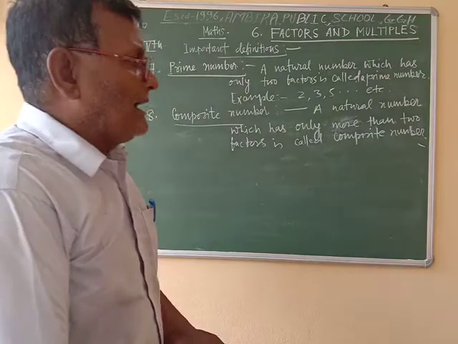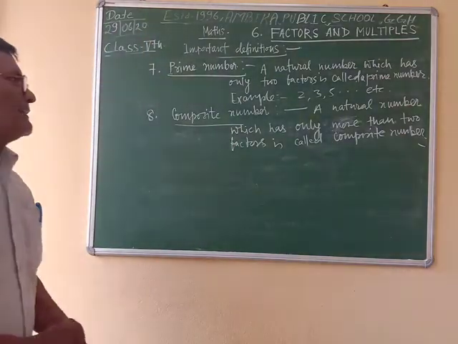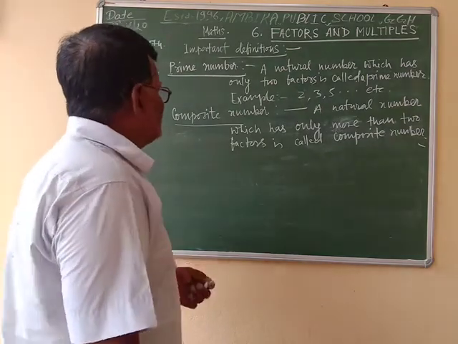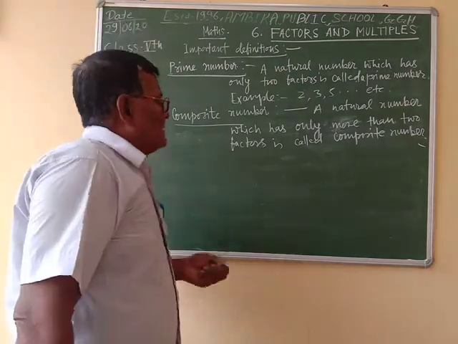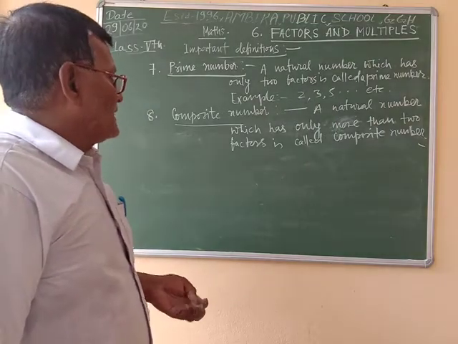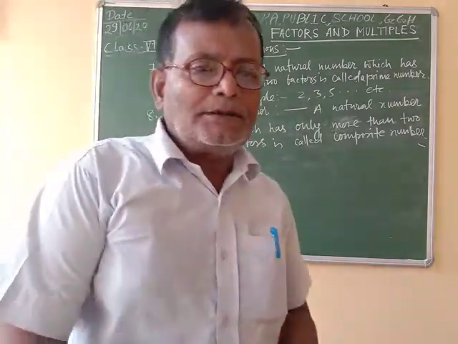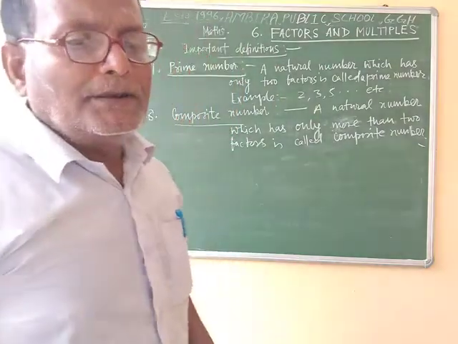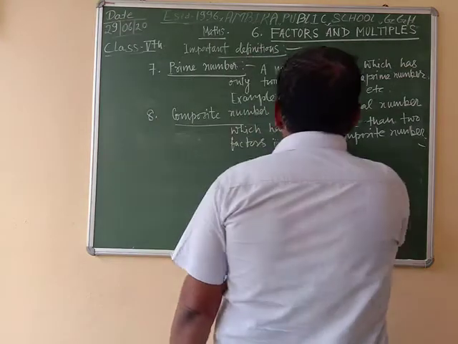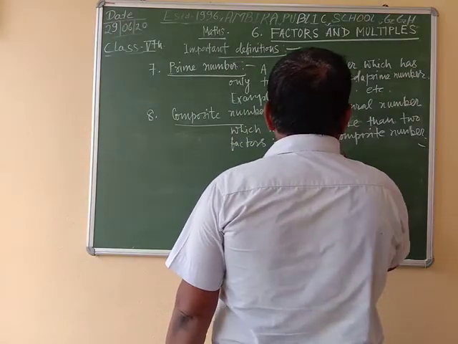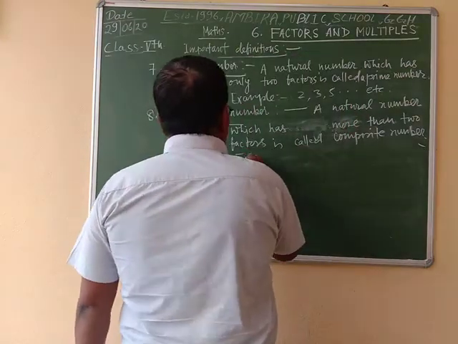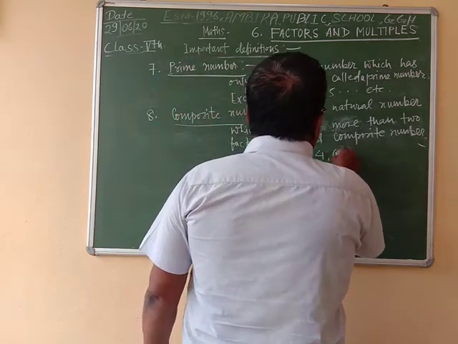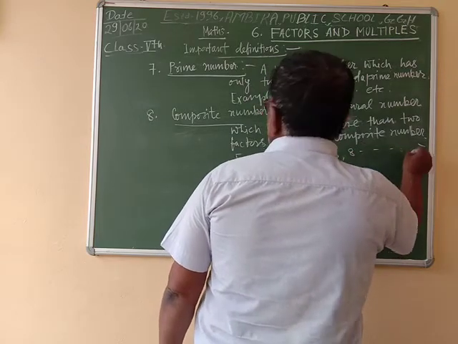As for example, 4, 6, 8, 9, all such numbers are called composite numbers because they have more than two factors. So a natural number which has more than two factors is called a composite number. Examples: 4, 6, 8, etc.